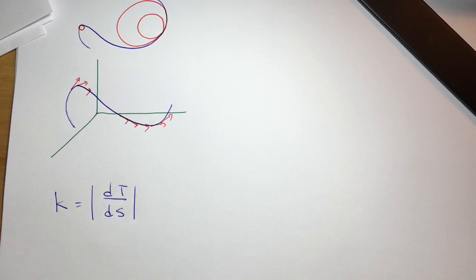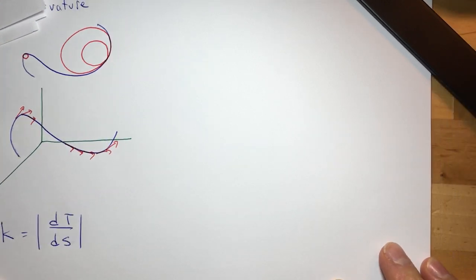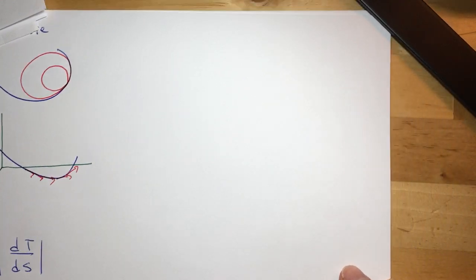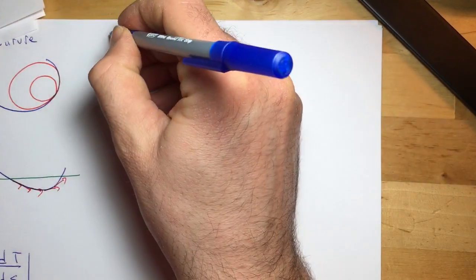First of all, because solving that integral is not always easy, and then finding a relationship between s and t is not always straightforward. So our goal now is to figure out a better formula for the curvature.